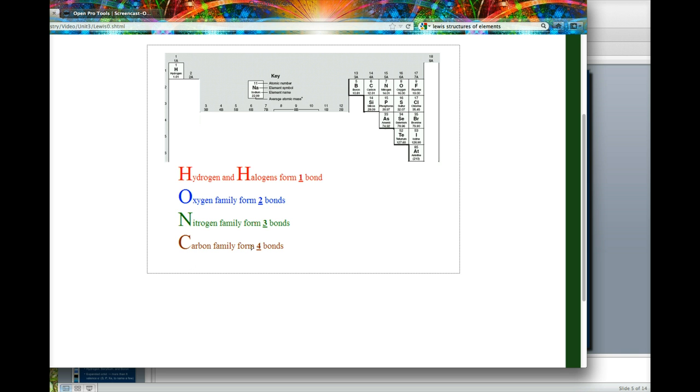Carbon and the carbon family, in this case limited to silicon, the only other non-metal, will tend to form 4 bonds. If you look at the periodic table above, we have hydrogen and we have the other non-metals, excluding the noble gases, which tend not to form covalent bonds. So let's look at how this is useful in drawing Lewis structures.